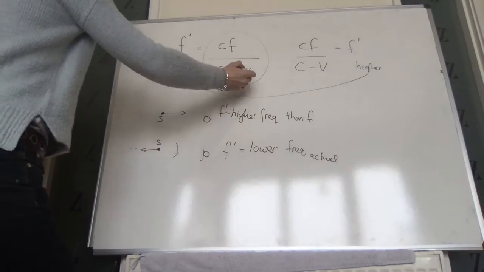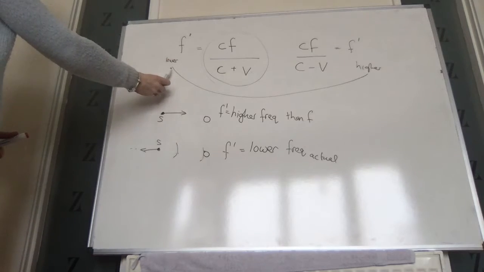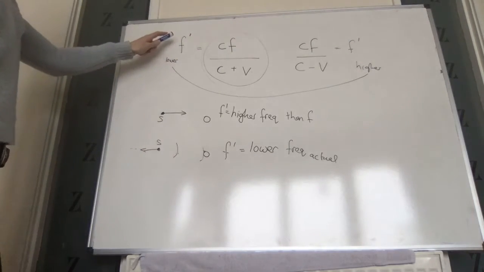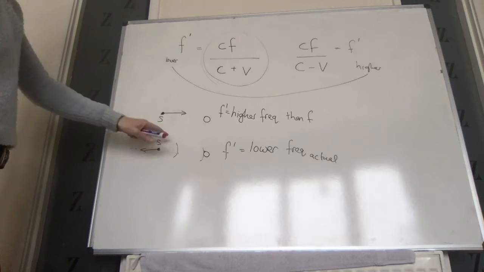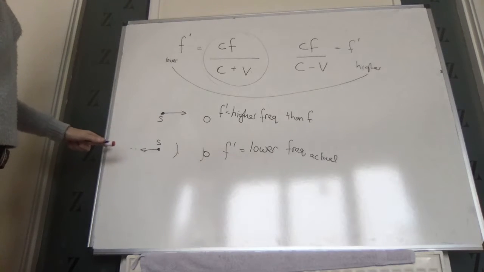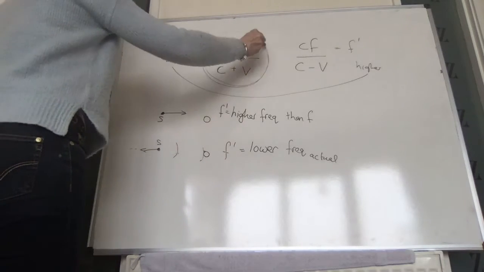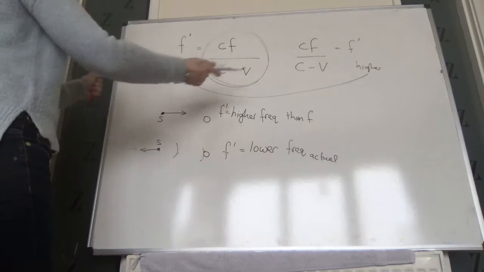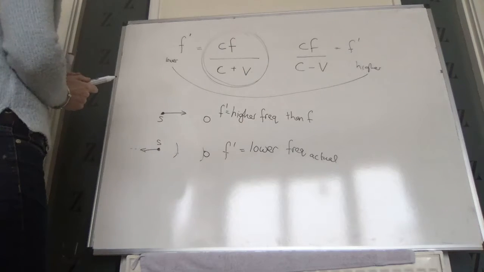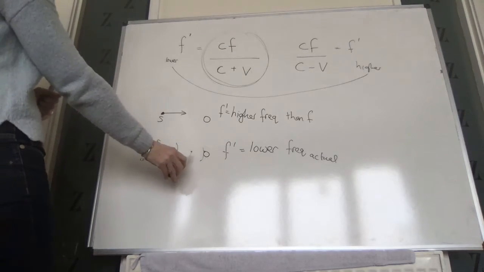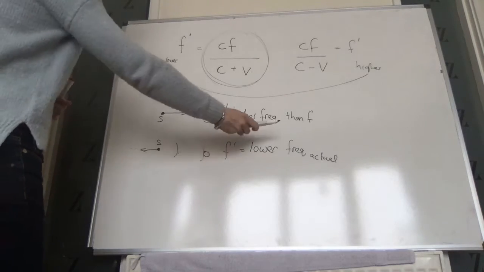So C plus will give you the lower and C minus will give you the higher. So that means that we know that when the source is moving away from the observer, we will get a lower frequency. So that's the formula that you use when the source and the observer are moving away from each other, relative to each other. Okay, that could be the observer stopped and the source moving away, or the source stopped and the observer moving away.